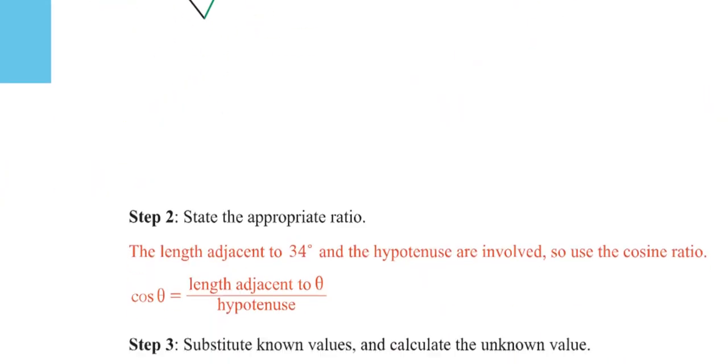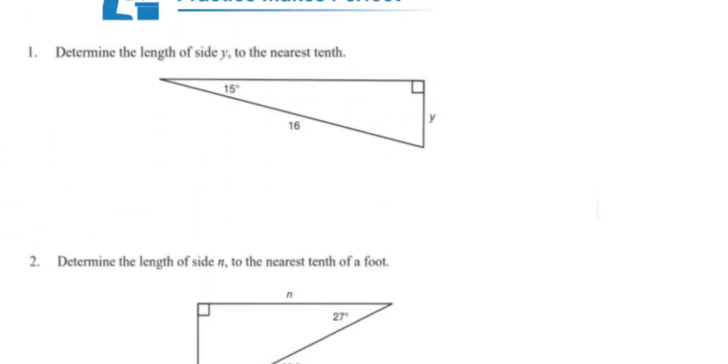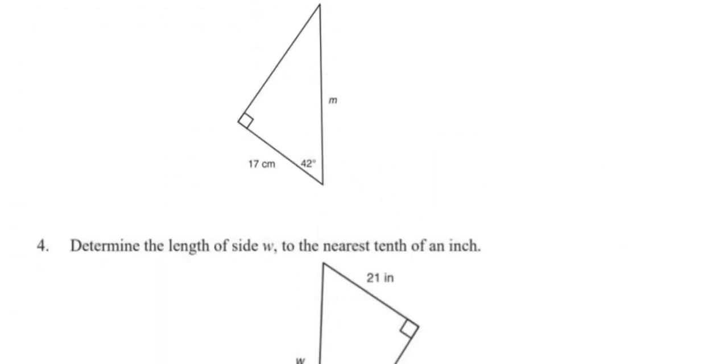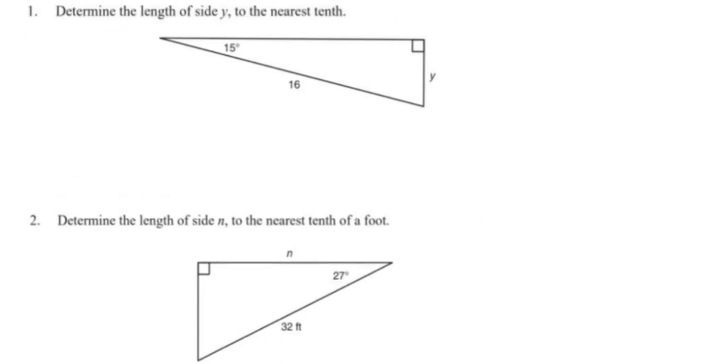Okay, let's do some more. Actually, now that we've done this, I'm gonna let you guys give it a try. We're gonna just do a bunch. Here, I'll do one, and then we'll go from there.